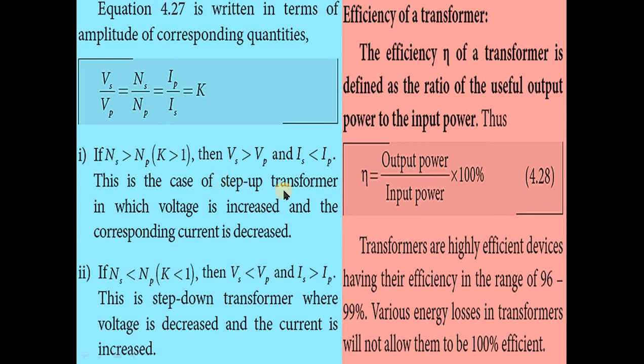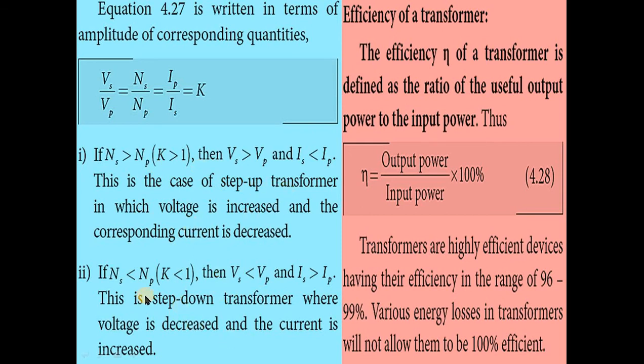This is the case of a step-up transformer, in which voltage is increased and the corresponding current is decreased. So, what is the condition of a step-up transformer? Voltage is increased and the corresponding current is decreased.